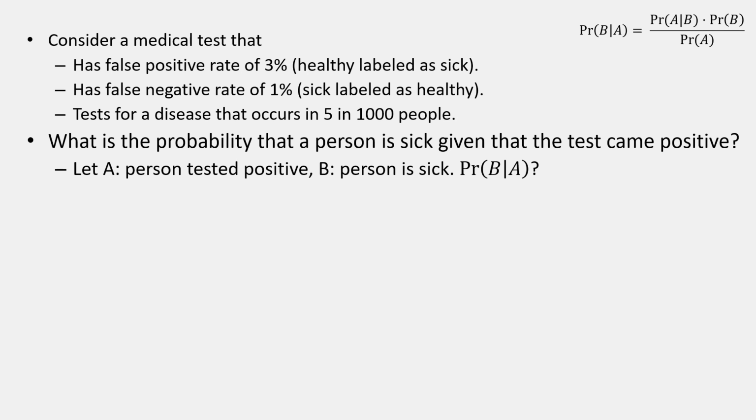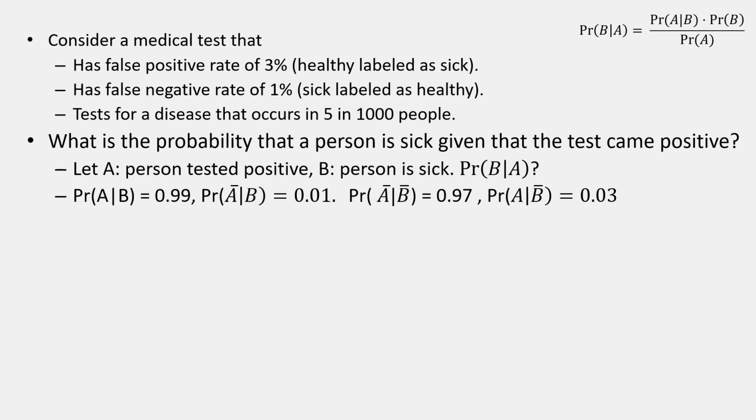So let A be the event that the test on the person came up positive, and B an event that the person is sick, and we want to know probability of B, that the person is sick, given A, that the test came up positive. Here are all the relevant numbers from a couple of slides before.